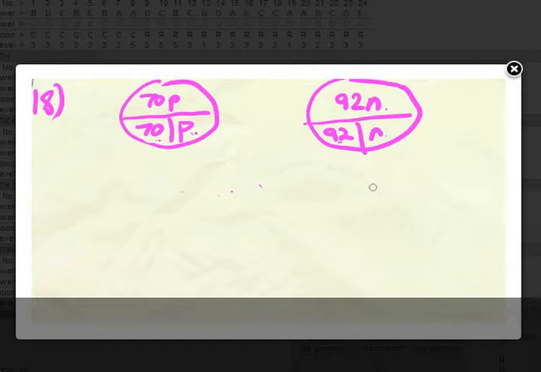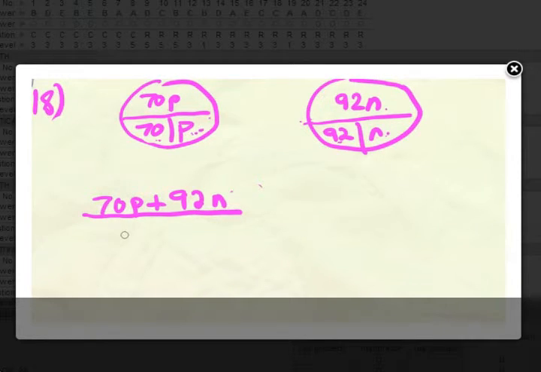So we're also told that the average score of those two groups combined is 86. So the average of these two combined is going to be their total, which is 70P plus 92N, divided by the total number of people, which is N plus P. And we're told that that equals 86.